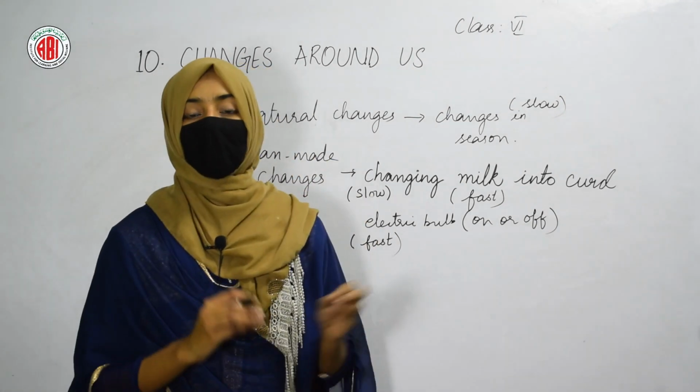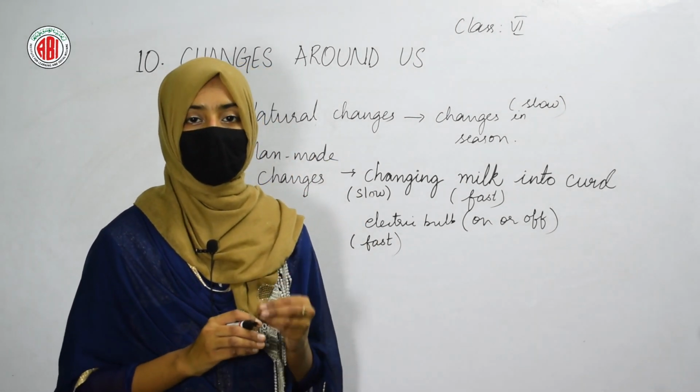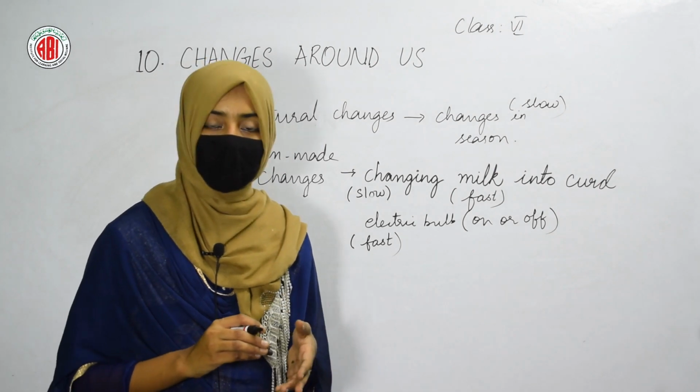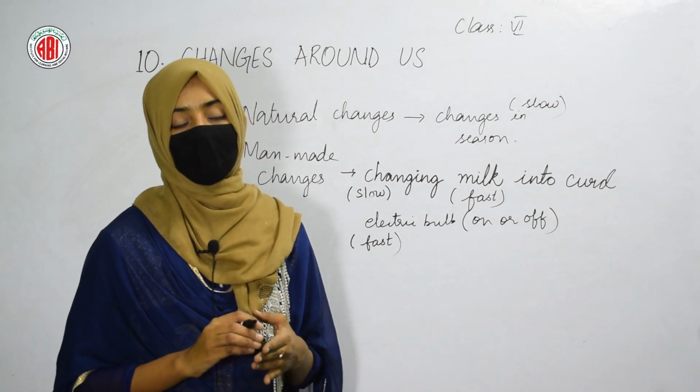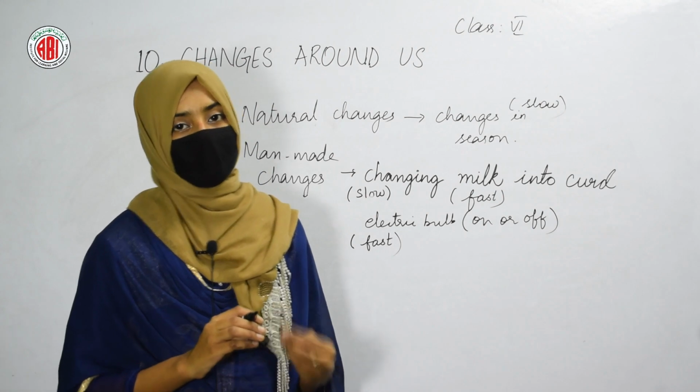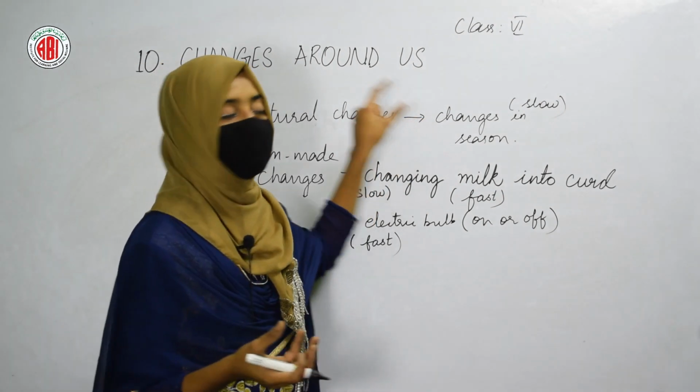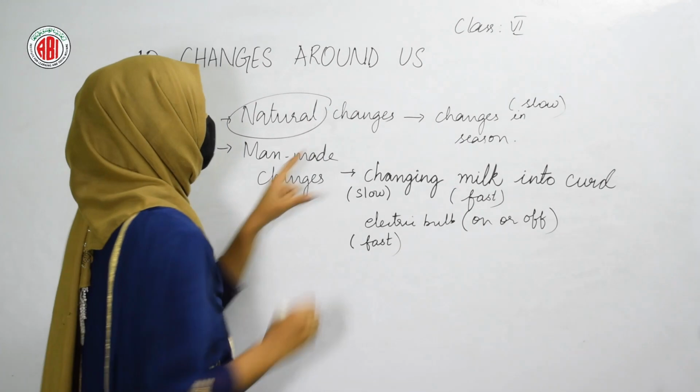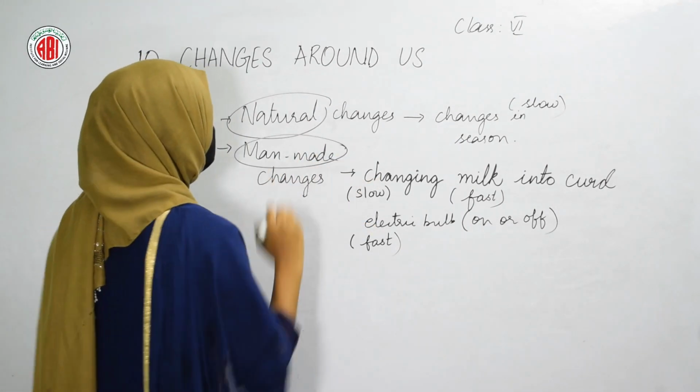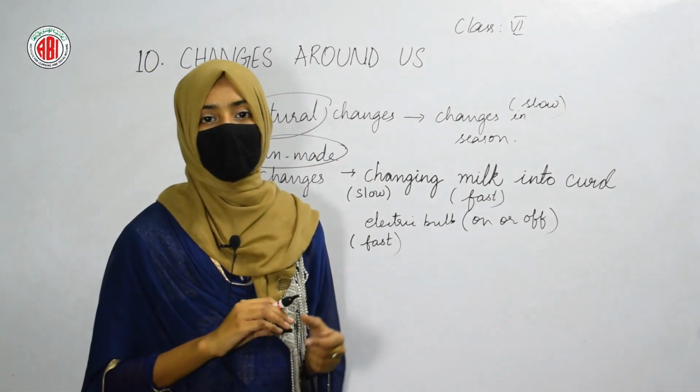In this way, there are certain changes that take place in a slow manner, and certain changes that take place faster. Change of season is a natural process, whereas change of milk is a man-made process, or we can say an artificial process.